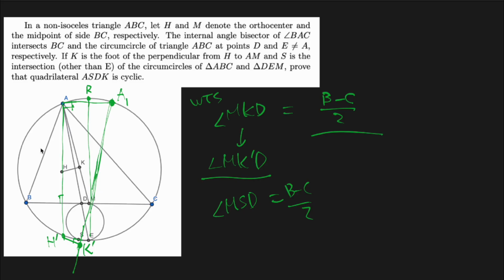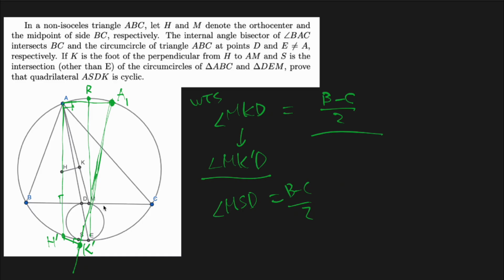Because we know that K prime lies on this circle, and K prime also lies on the circle DMES because MK prime D is B minus C over 2. That means that K prime has to be one of the intersections of these two circles, which are S and E, and K prime is obviously not E, so K prime has to be S. And our problem just reduces down to proving that K prime is S, or that S is a reflection of K over the line BC.